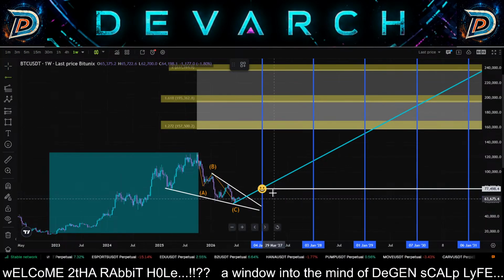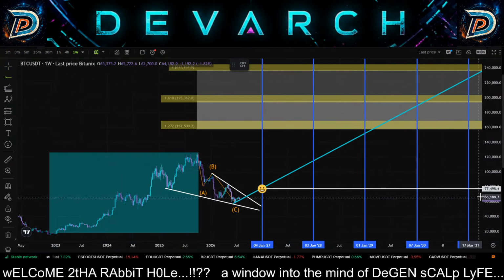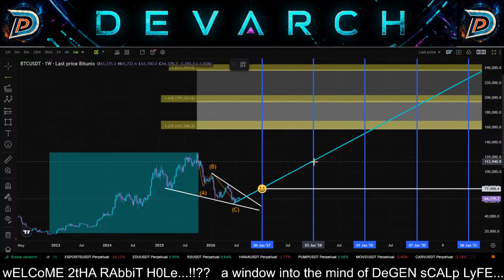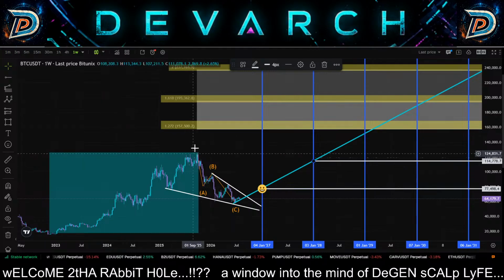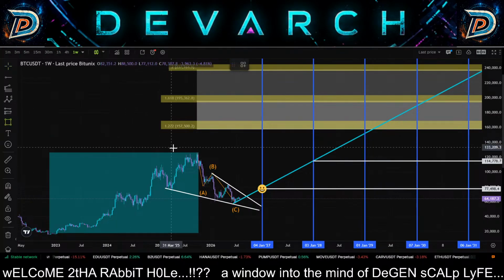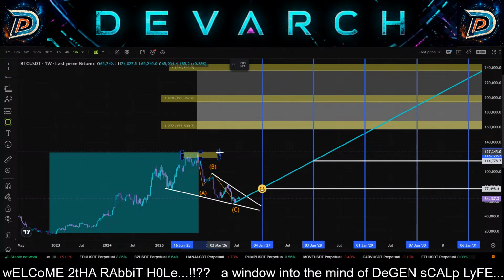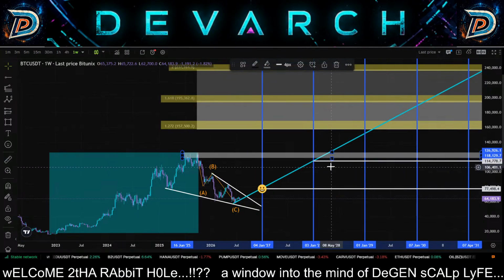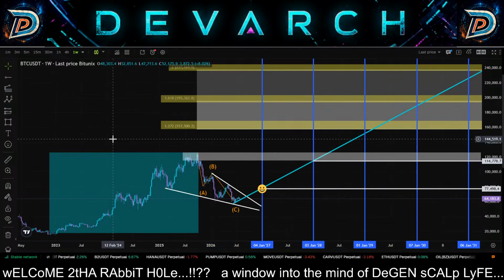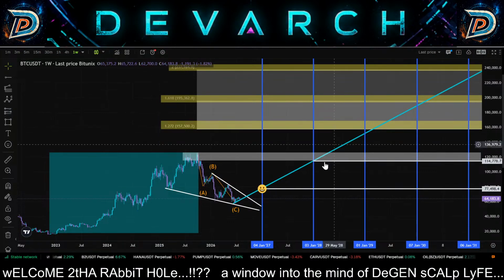Okay, 2027, we're going to be 77K. And again, these are not what I think is going to happen. This is just wave maps. I really have no idea what's going to happen. Nobody does. All the wave maps can do is tell you possible reaction zones. That's all.